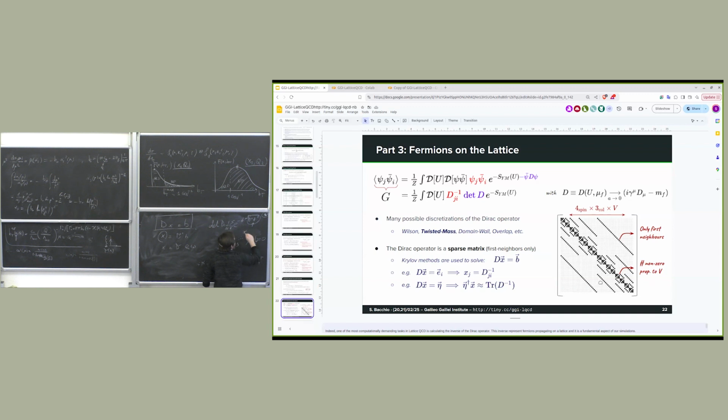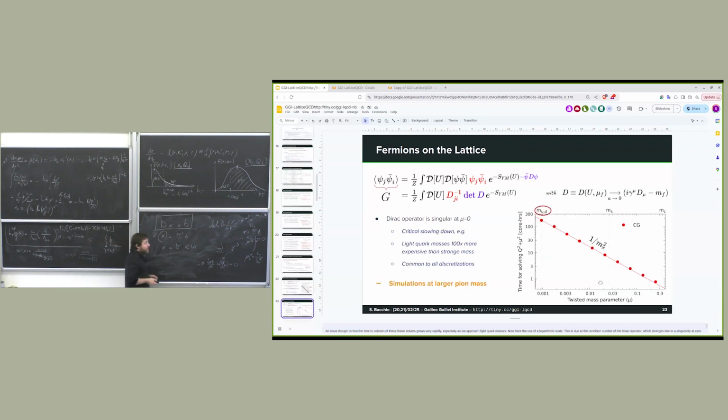You compute X, which is equal to D inverse phi, where phi is Gaussian distributed, and e to the minus X is your determinant, stochastically. You compute it many times, you get your determinant. These are all numerical methods, and we are going to do this.